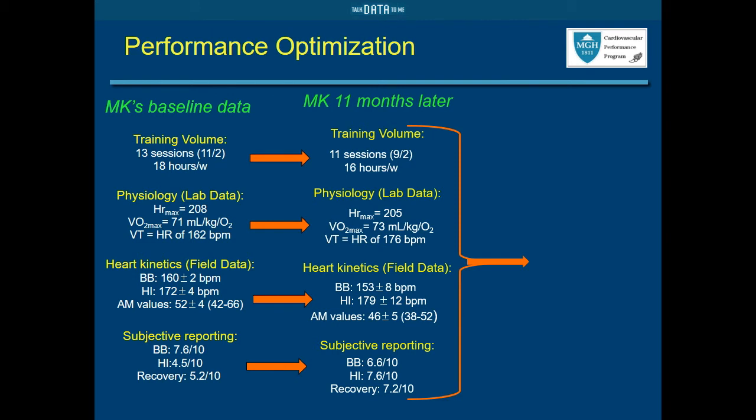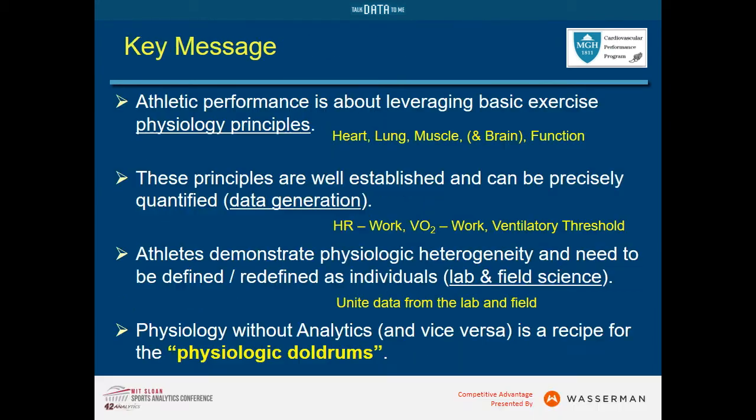Subjectively, he doesn't like those base building workouts quite as much because he's forced to go a little easier and he wants to push hard, but he's finding a lot more bang for his buck during the high intensity interval workouts, and he's gone from a 50% to a 70% recovery rate, which is actually a great indication of success. So he did end up going on to row in the Rio Olympics in the 8 boat and had a great showing, and this was a very successful thing for him and for our program.